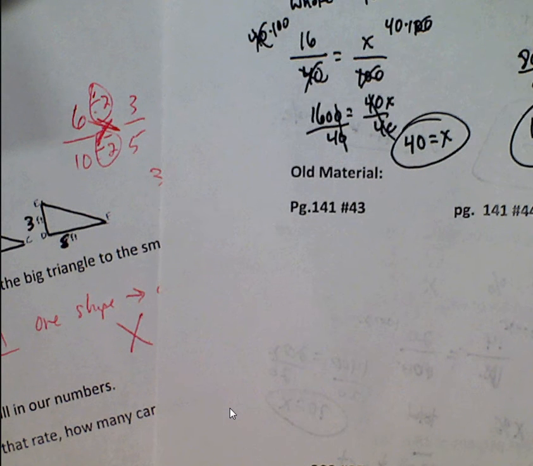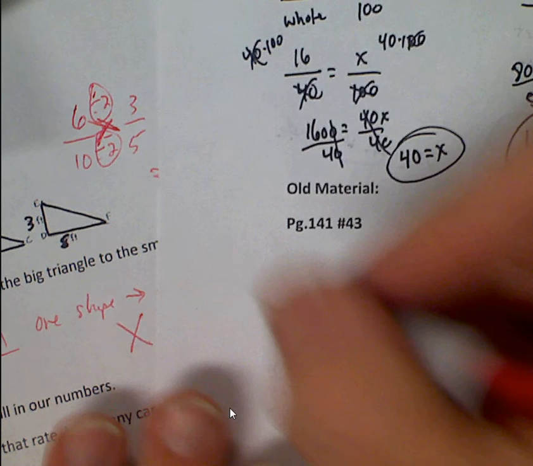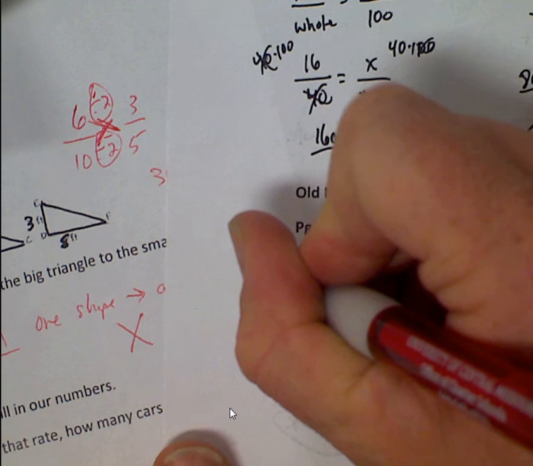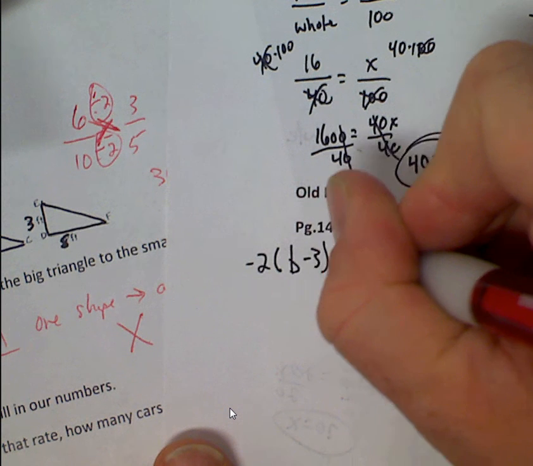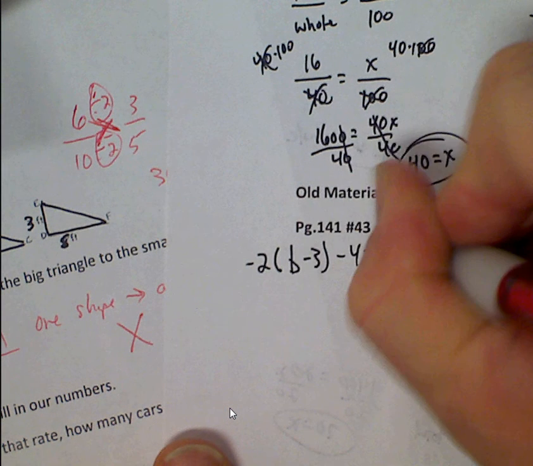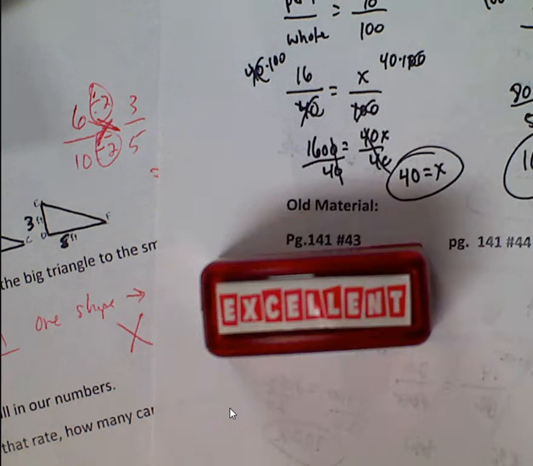Old material. Page 141, number 43. Number 43 is -2 parenthesis b minus 3 minus 4 equals 18. Hopefully this is getting much easier for us. Go ahead and pause the video and try.